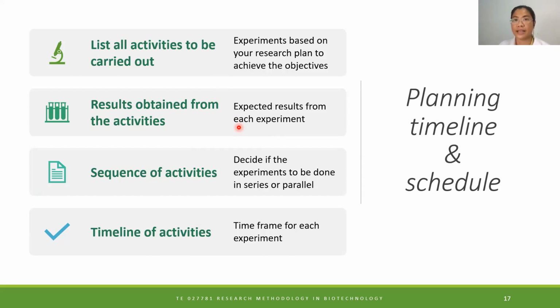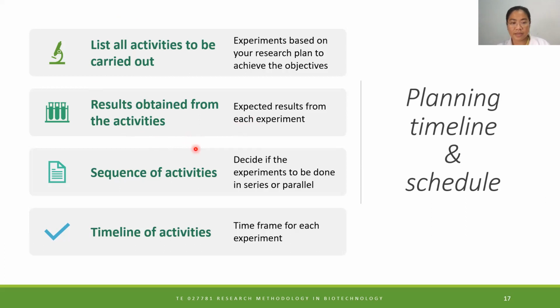And when I say expected results, it means that if you are varying something, you expect that you should get the best result with this pH, that type of stuff. So it's sort of like forecasting things that would happen when you actually start doing your experiment.